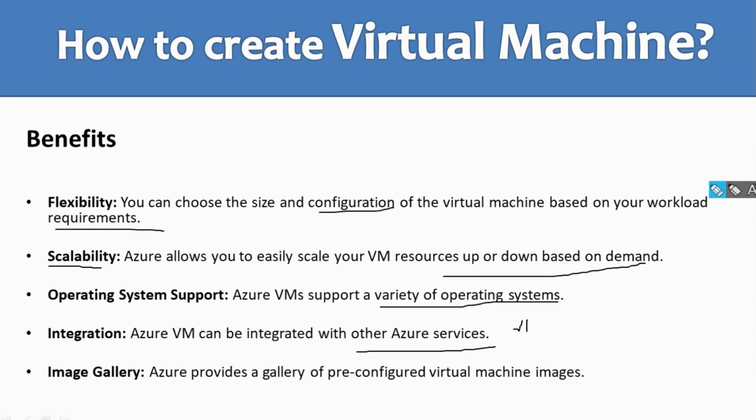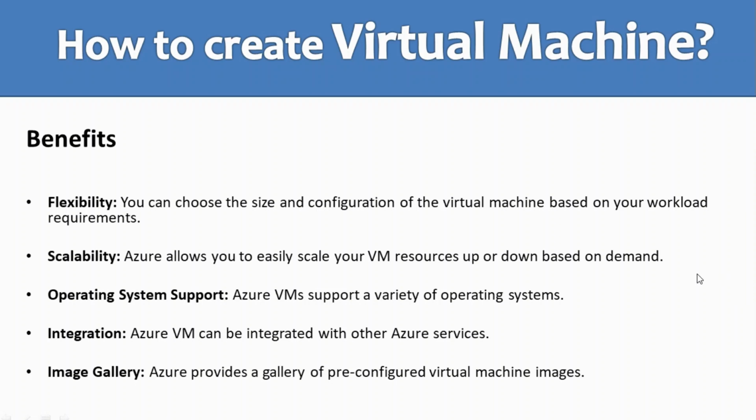Then Image Gallery. Azure provides a gallery of pre-configured virtual machine images, including popular operating systems and application stacks, making it easier to deploy and manage VMs. So these are all the benefits of a VM in Azure.